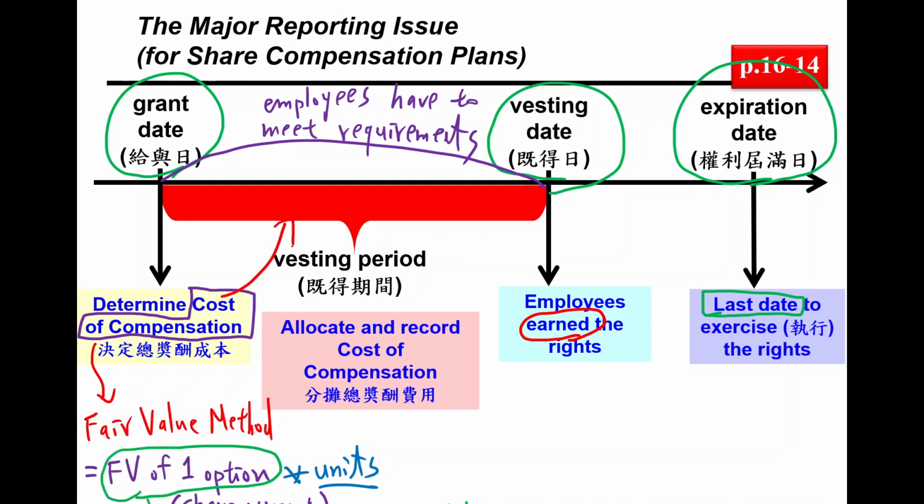So we allocate it into each period, because that's the reason the cost happened.